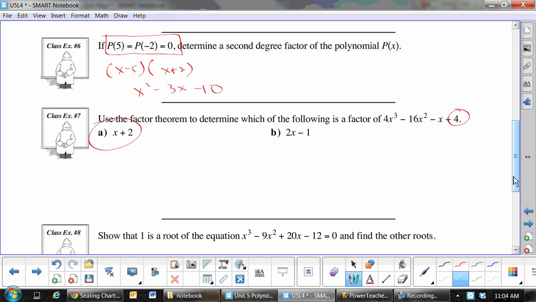But if you put in negative 2, so if you get 4 times negative 2 cubed minus 16 times negative 2 squared minus negative 2 plus 4, if you do all this, you get the answer negative 90. It is not a factor, because it would equal 0 if it was.